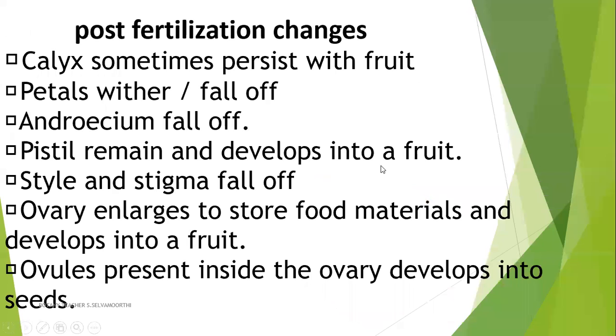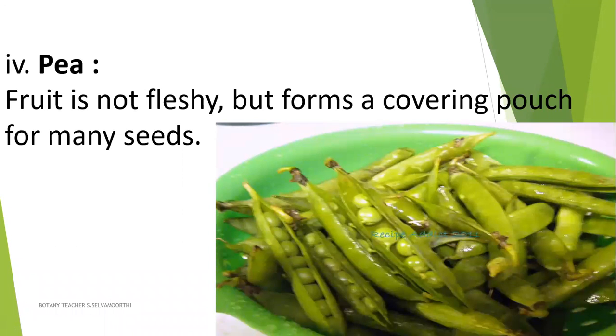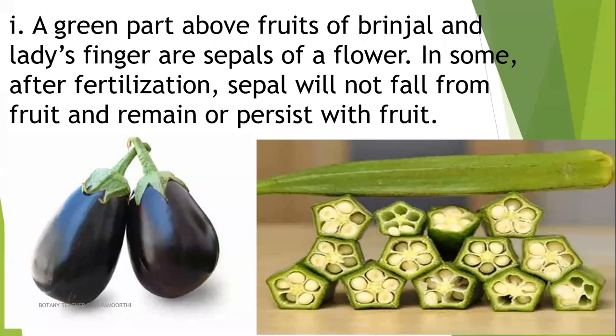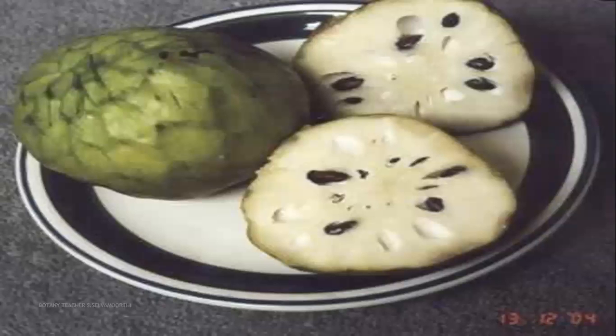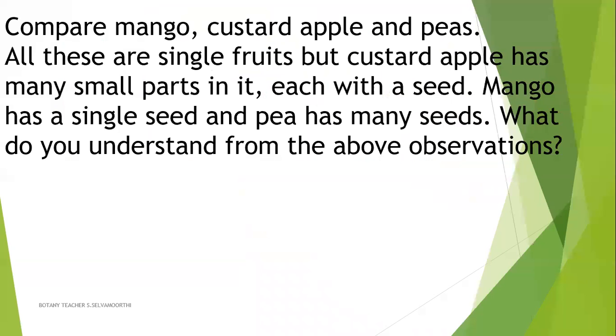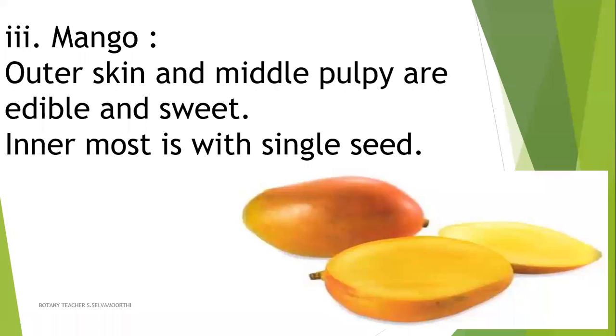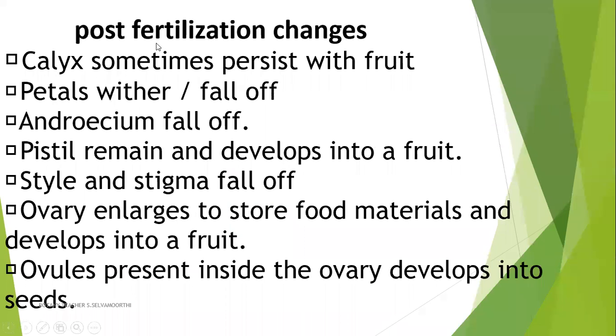In all the above fruits, the ovary, the lowermost swollen part of the pistil, develops into a fleshy fruit, and the ovules present inside the ovary get transformed into seeds. Now we'll study post-fertilization changes.